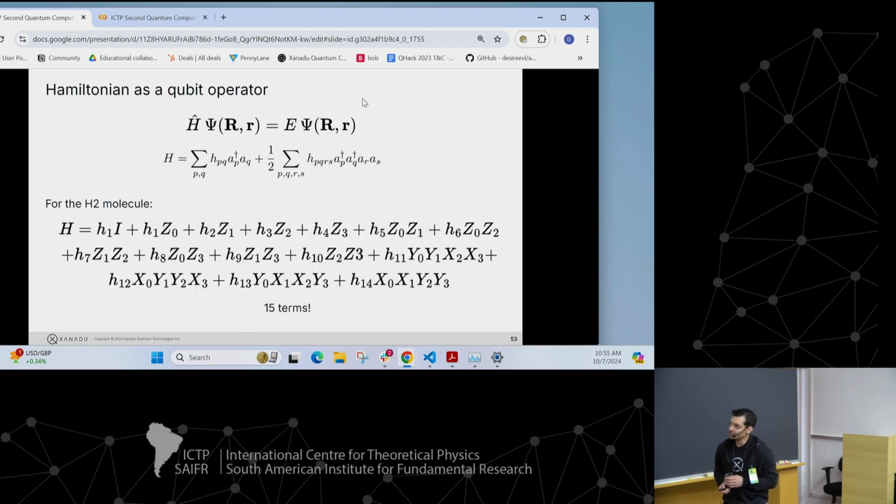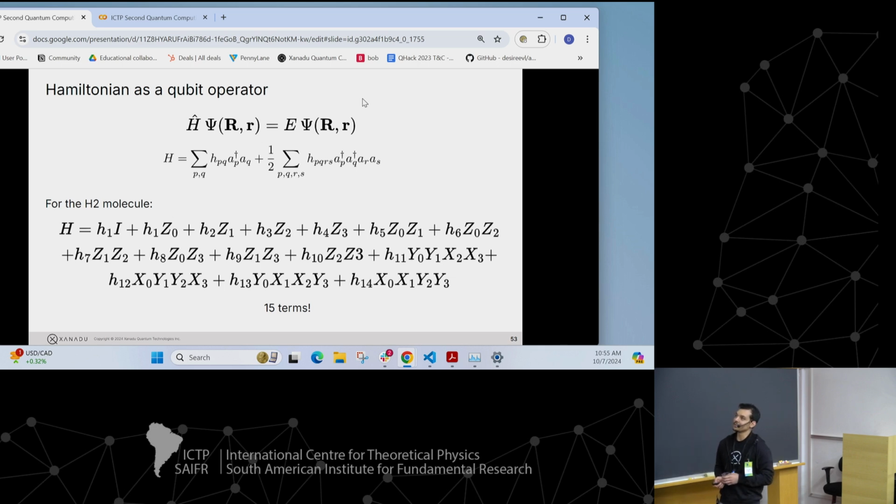So, if you were to do this for the H2 molecule, you will get a Hamiltonian that looks something like this. Keep in mind here that each one of these h's is an integral. So you have a series of integrals to solve. You'd have a series of mappings to transform these creation and annihilation operators into Pauli spin matrices. And you would end up with about 15 terms.